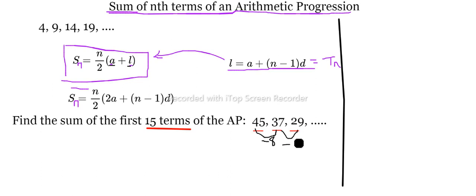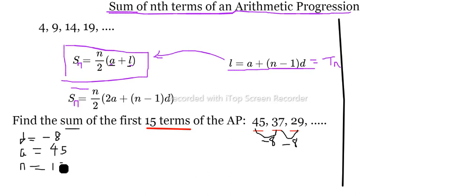So that means it's an AP. The common difference is minus 8, because we keep adding minus 8. The first term is 45. We are looking for the sum of the first 15 terms, so n is 15.